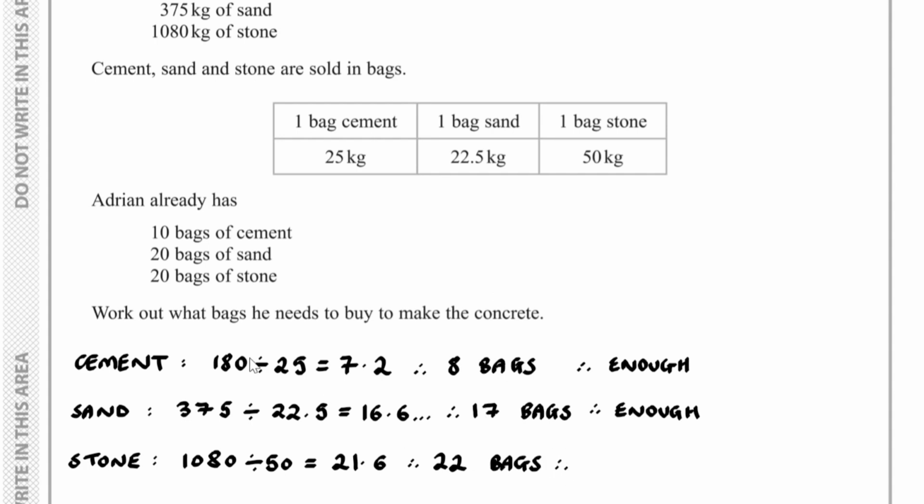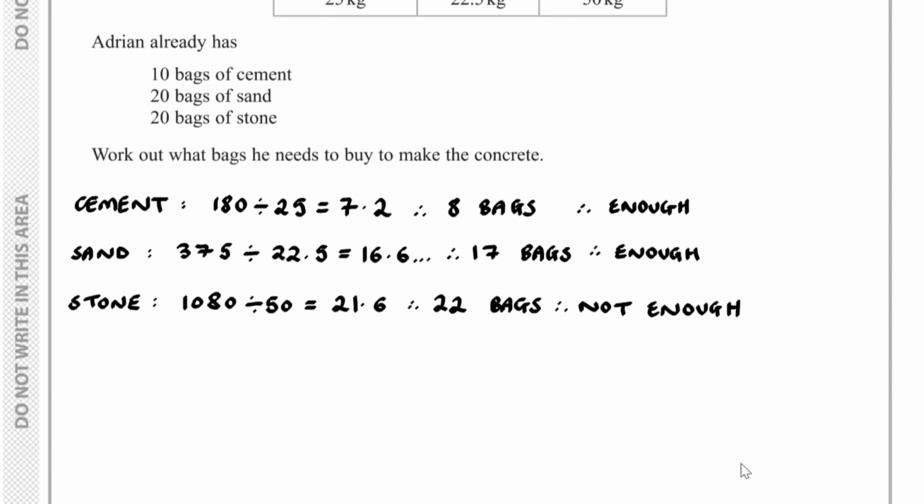And if we require 22 bags and we've only got 20, that means we do not have enough for stone. So how many more bags of stone are required? Well, 2 bags of stone then are required.